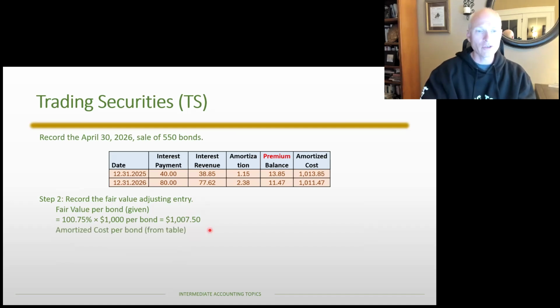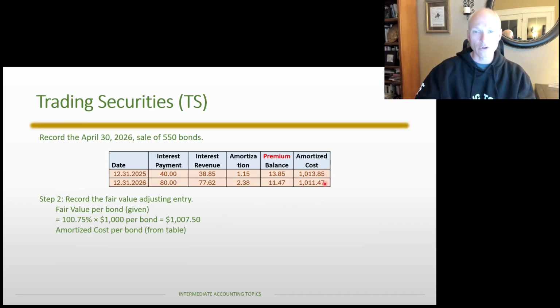We compare that to the amortized cost. Now, I'm going to tell you the table amount: as of December 31st, 2025, the amortized cost was $1,013.85. And if we had held it for a full year, it would have been down to $1,011.47.